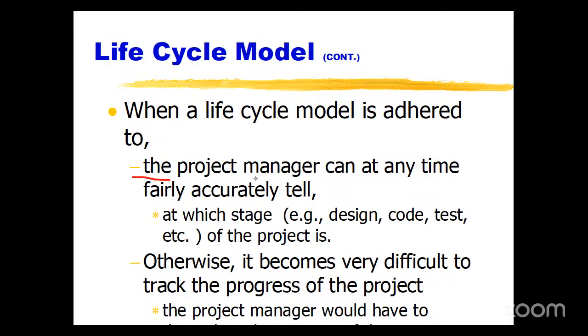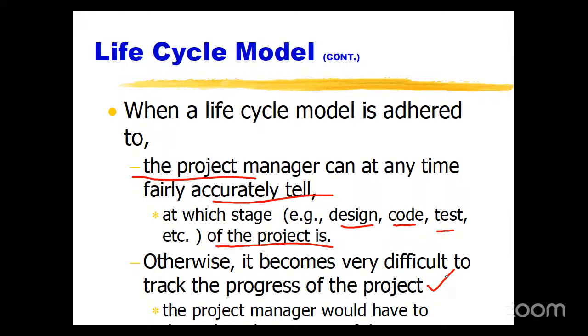Whenever we are following the life cycle phases, that is the life cycle model, it makes it easy for the manager to tell the customer where the project is, whether it is in the design phase, coding phase, testing phase, or any of the phases. Otherwise, it becomes very difficult to track the progress of the project.